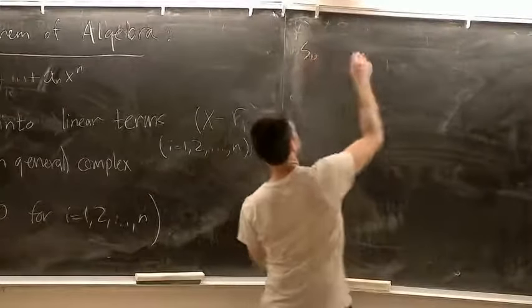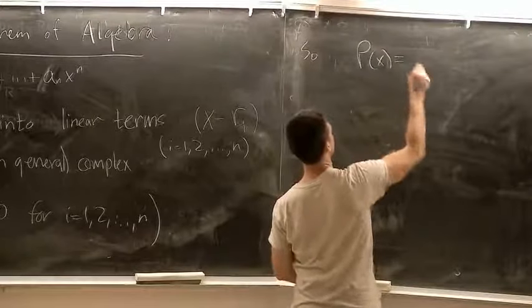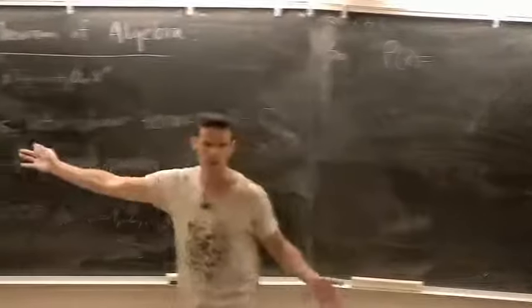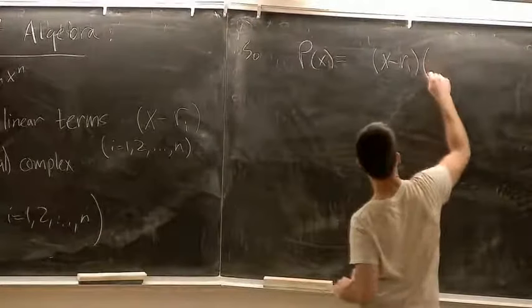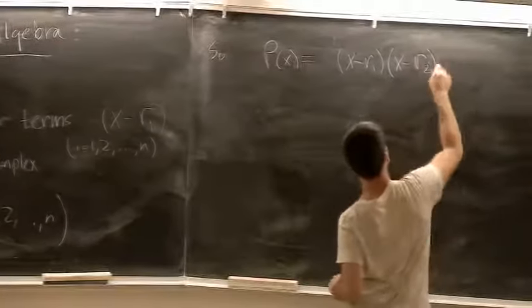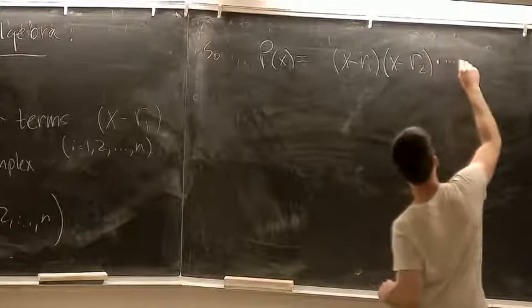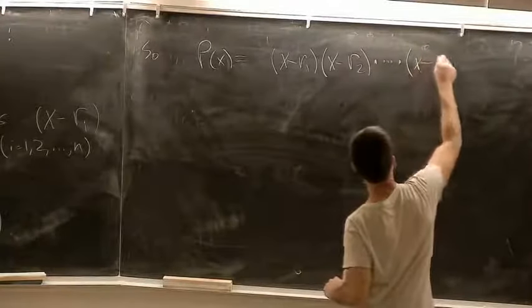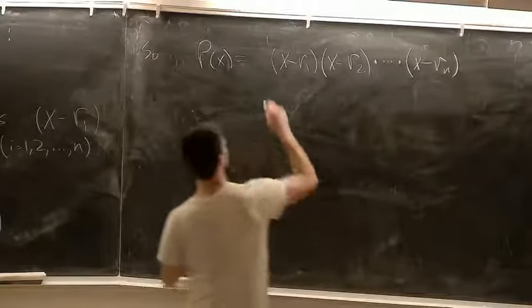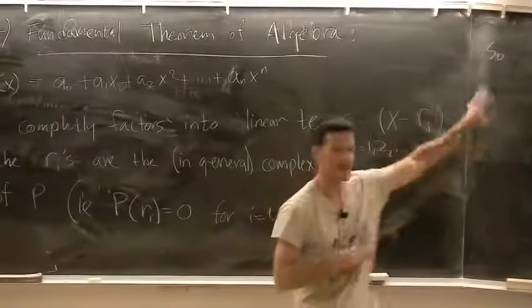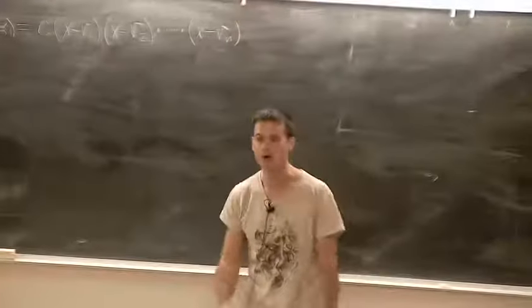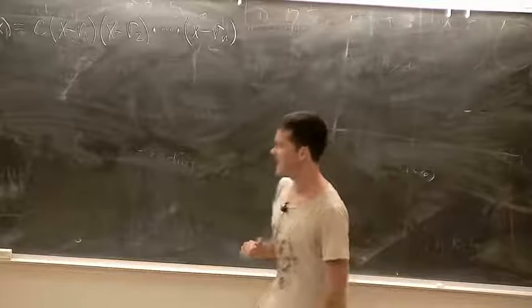So writing this out, p of x can be written as a product of all of its factors, right? So we'll have x minus r1, x minus r2, all the way up until the last one, x minus rn. And there might be some constant here in front. Okay, so that's the fundamental theorem of algebra, that you can totally factor a polynomial into linear terms.